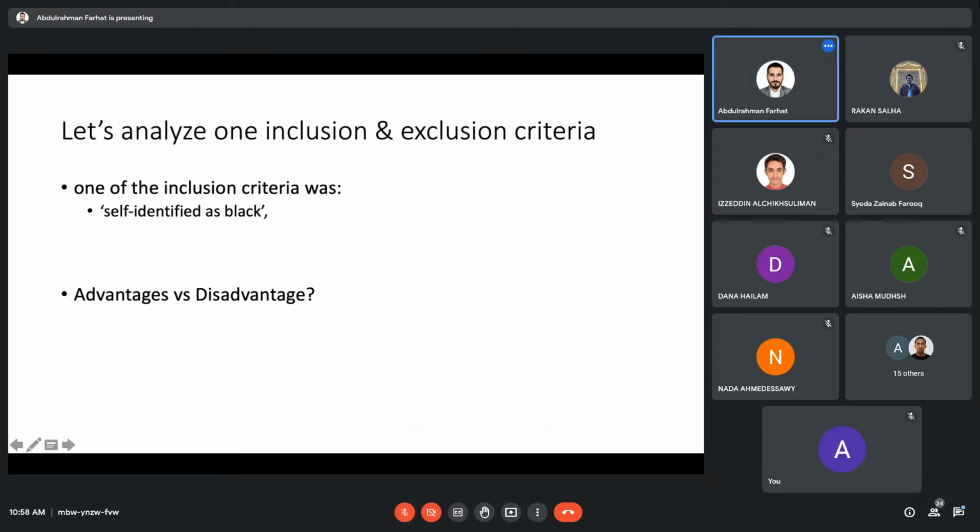Let's analyze one inclusion criterion. One of the inclusion criteria was self-identified as Black. What are the researchers trying to do by having this inclusion criterion? What are the advantages and disadvantages of it?